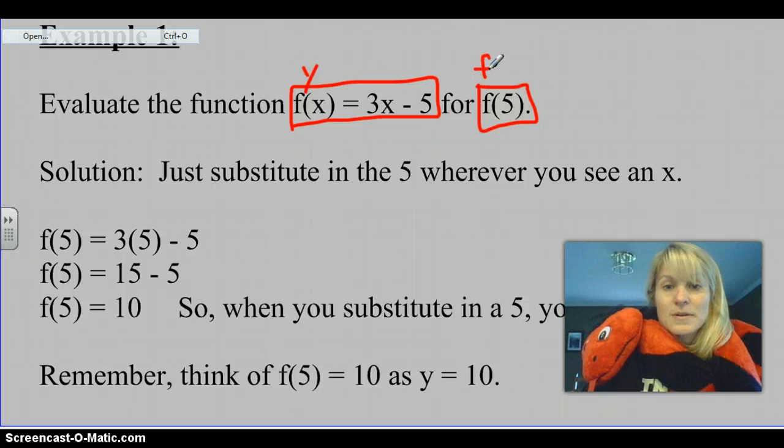You can see the 5 is in the x position. So what this wants you to do is replace x with 5. So just as they have here, we have f of 5 instead of f of x. We have 3 times x, so we're going to place the 5 in there, and then minus 5. So 3 times 5 is 15, minus 5 is 10. So f of 5 equals 10, okay? So the function of 5 is 10. So basically, you're going to take this value and plug it in for x.